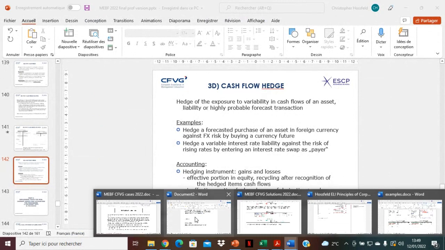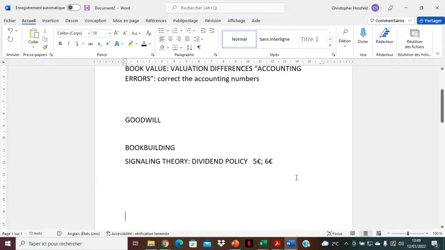So let me see if I can write this down, how this works. So here is the company. I have a variable debt. Now, what I will do is I will engage usually with the bank.